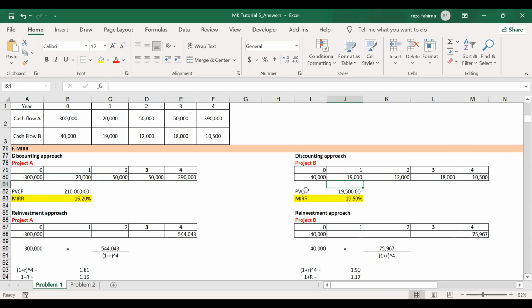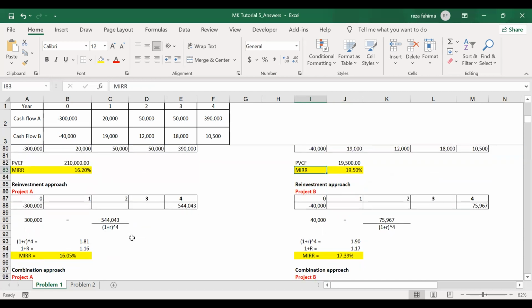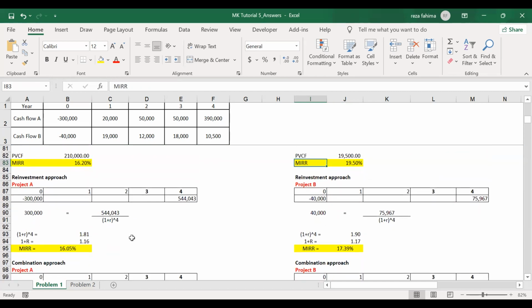We just have to calculate our present value cash flows by summing all of these, and we get our PVCF equal to 19,500. So the MIRR using the IRR formula from Excel is 19.5%. And the next approach is the reinvestment approach.